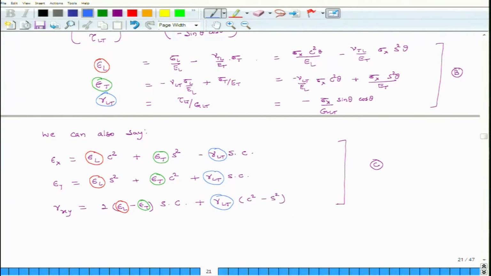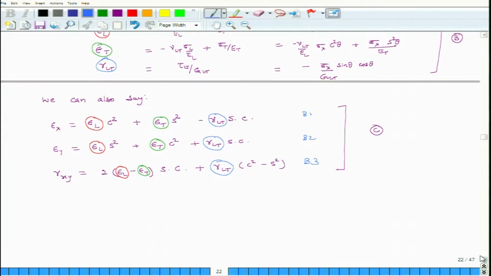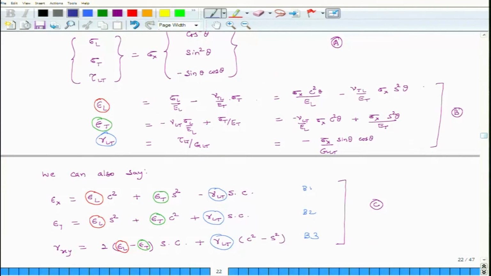So, what I can do here is, let us say this is B1, this is B2 and this is B3. So, we will just work on B1. Oh, I am sorry, this should not be B1, B2, B3, it should be C1, C2, C3.